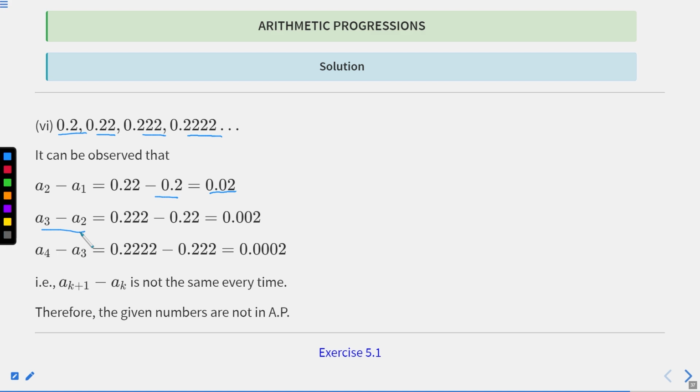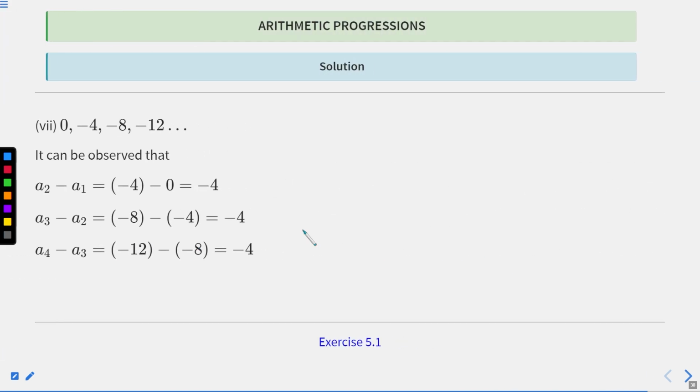And A4 minus A3 is equal to 0.2222 minus 0.222, which is equal to 0.0002. That is, A(k+1) minus A(k) is not the same every time. Therefore, the given list of numbers is not an AP.